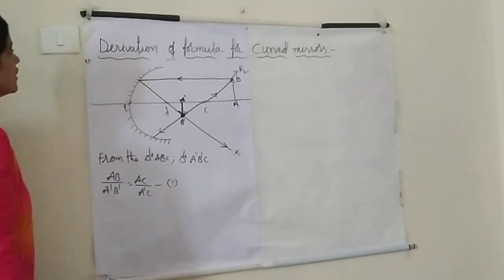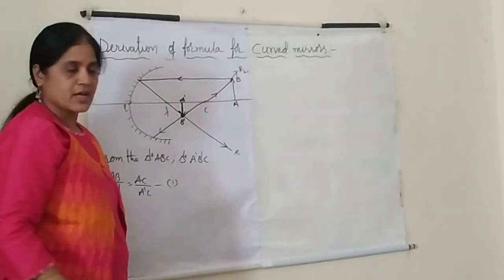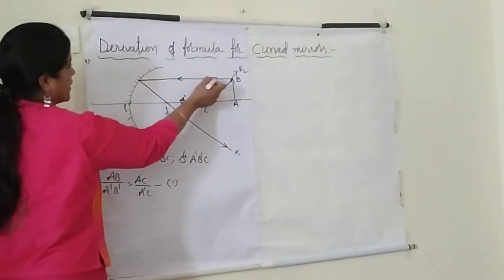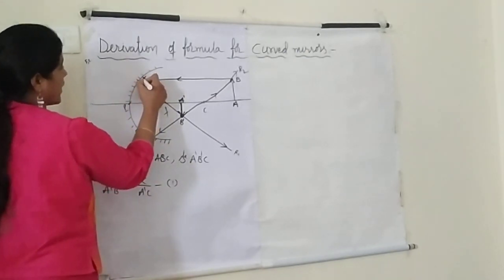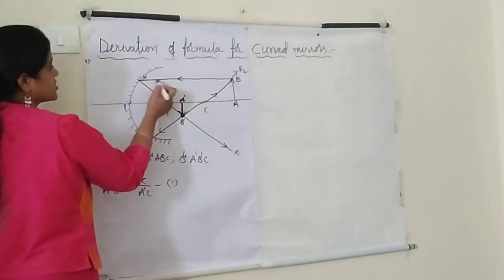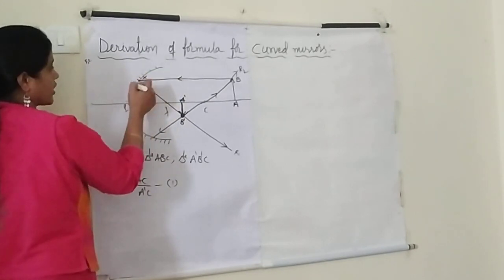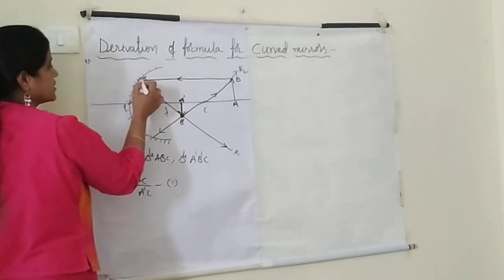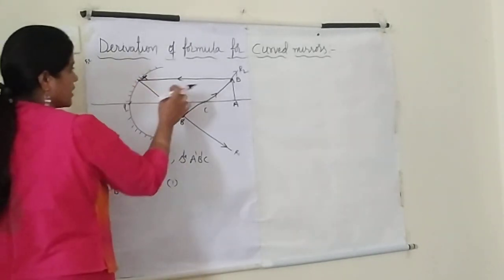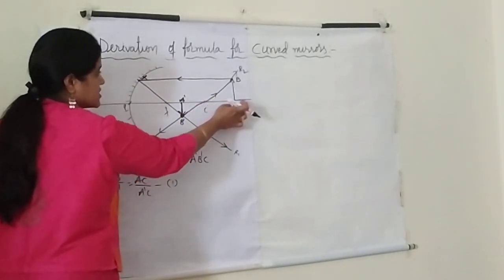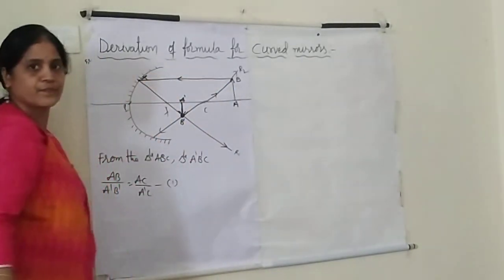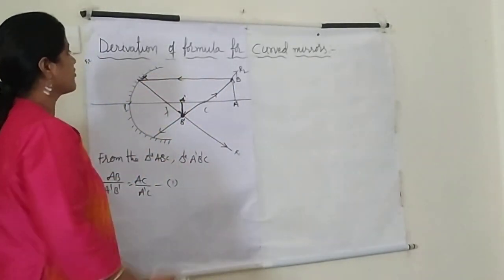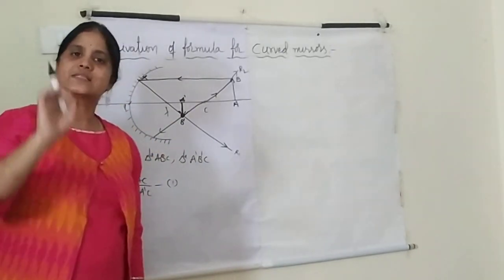Next, for our convenience, at the point where the incident ray touches the concave mirror, I am taking the letter X. From A, this incident ray and the principal axis are parallel rays, so the distance between the parallel rays is always constant.